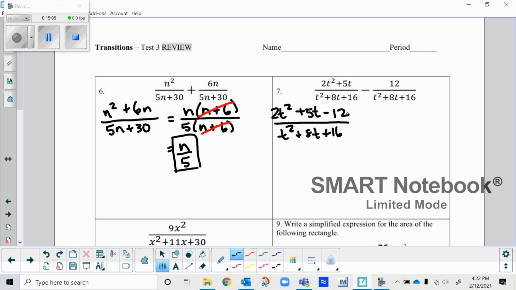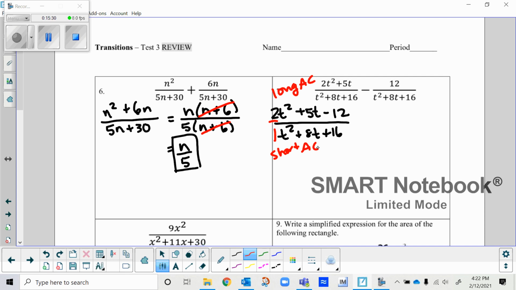So in the denominator, the A value is 1. So we can do the short AC method. In the top, the A value is not 1. So we have to do the long AC method. So the numerator is going to be long AC, and the bottom is going to be short AC.